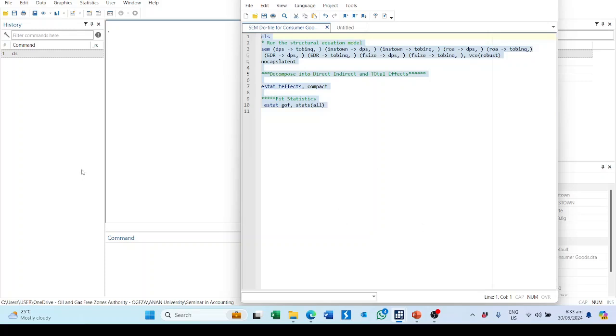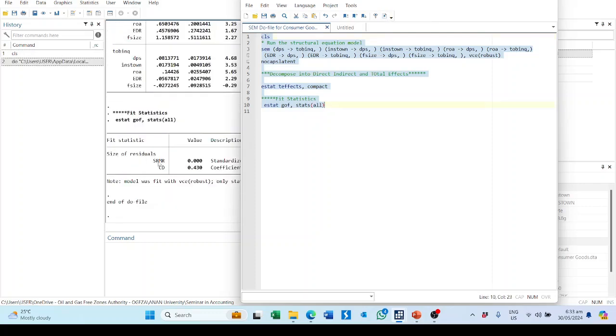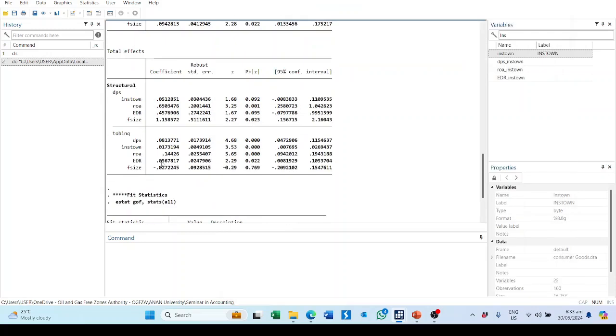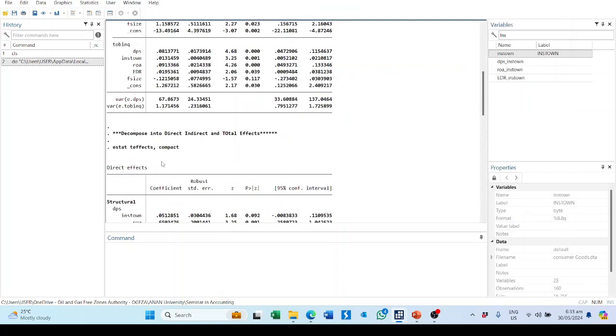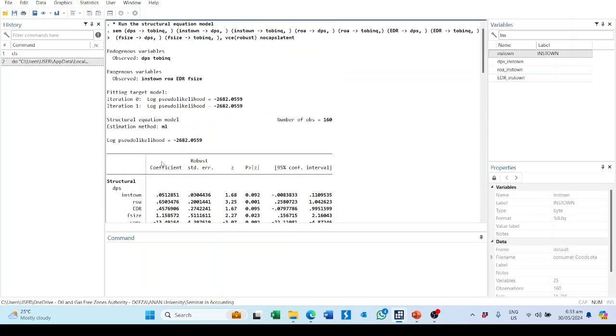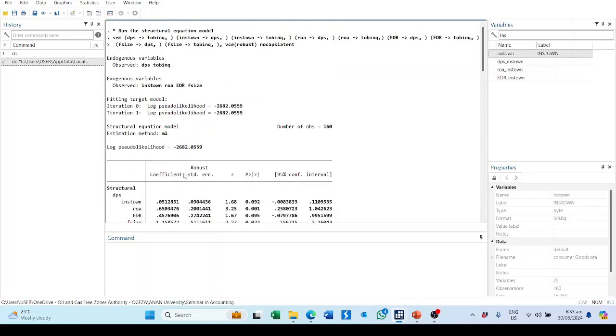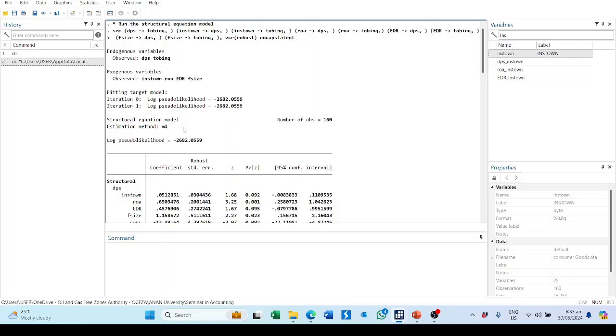Just watch out for how Stata runs in the background. So I click on execute selections. Fine and good. Using a do file makes your work seamless, and this is the result of the structural equation model.